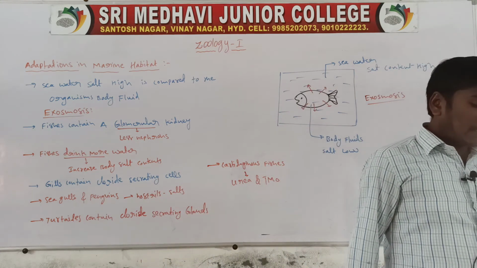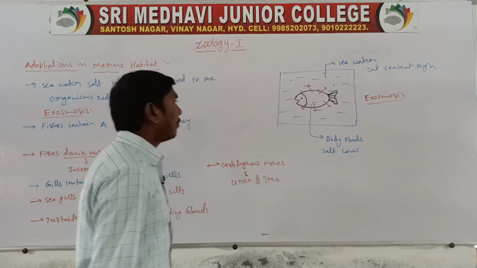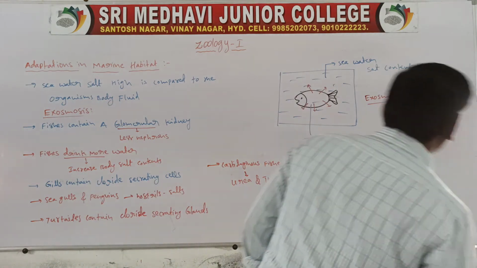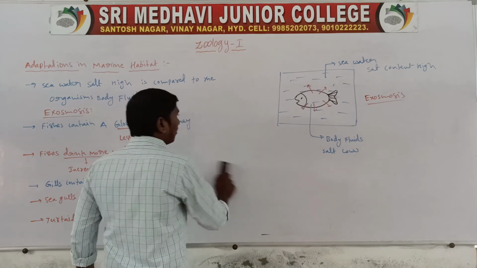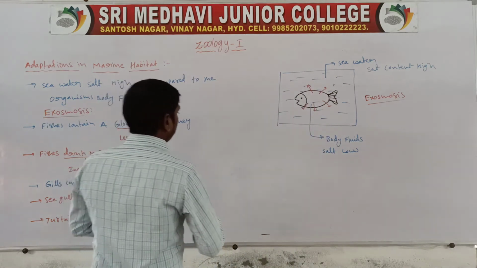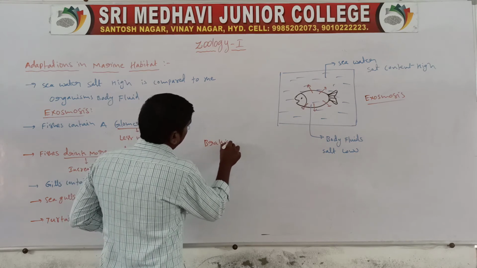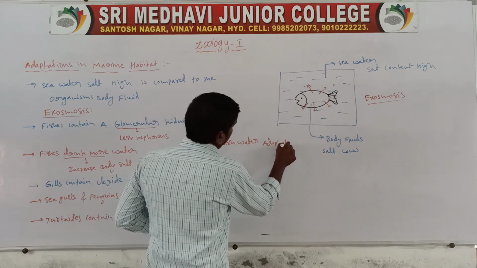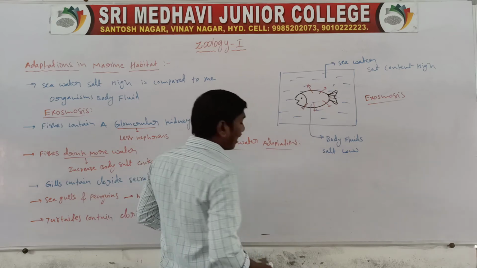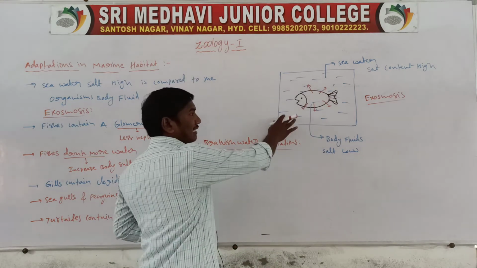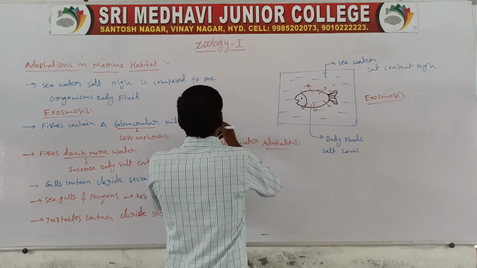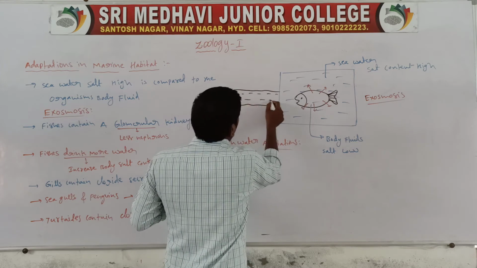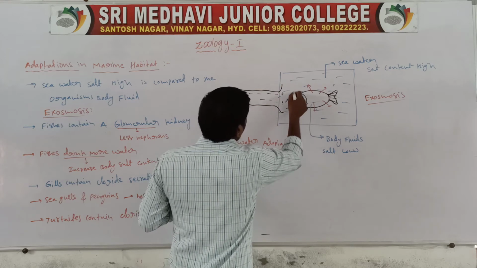Next, the adaptations in brackish water animals. Brackish water means the place where the sea water and the river connect.